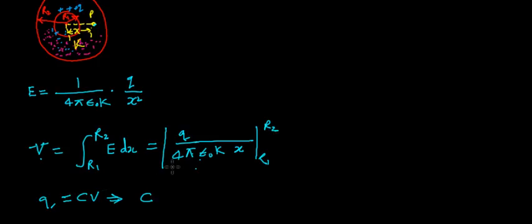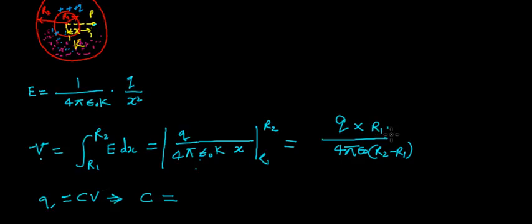This is a definite integral, and you will get the value q by 4 pi epsilon naught, R2 minus R1. Now the value of C will be equal to 4 pi, R1 minus R2 into R1 R2, because it is 1 by R1 minus 1 by R2.